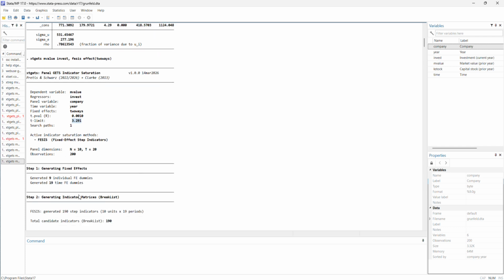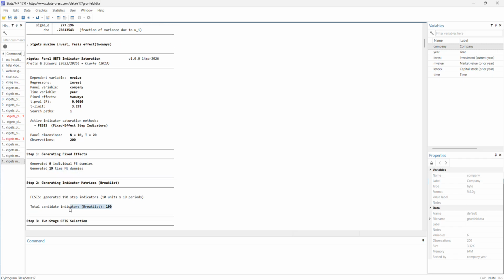Because there are 10 cross sections, there will be 9 dummies, and there are 20 time periods, so there are 19 dummies. So there are 119 candidates, their cross products. Out of 119, which ones create a break in the intercept, a huge break? You can see the p-value is less than 1%.